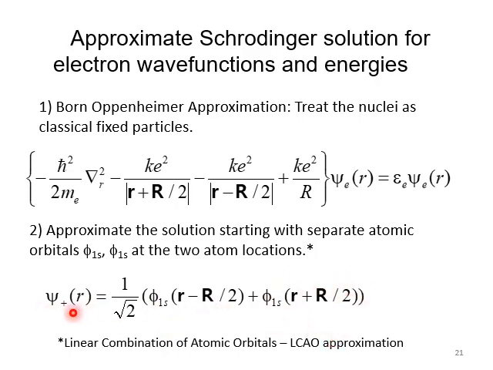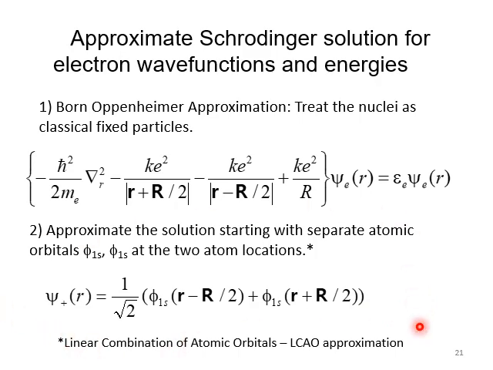And another combination that yields solutions to this problem is one where I subtract the wave function on the other atom. So that would be the minus solution. Plus would be plus on one, plus on the other, and minus, which would be the odd solution, different signs on the two sides of 0, would be plus on one, minus on the other.